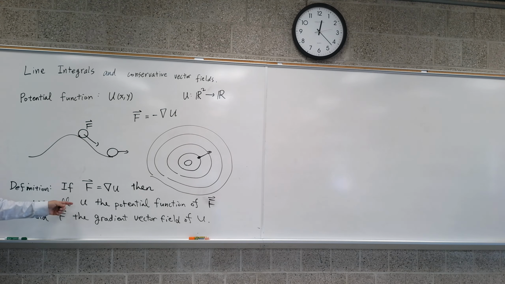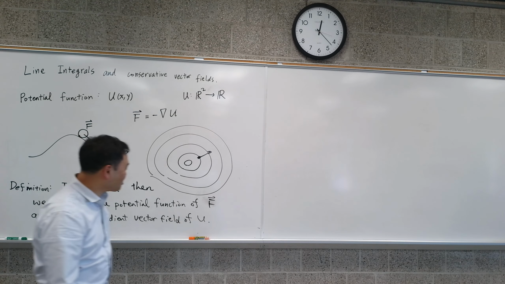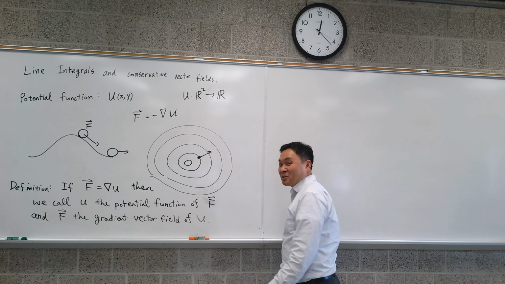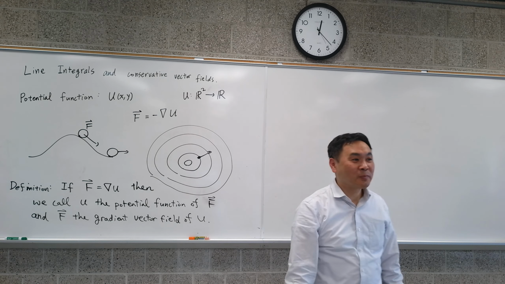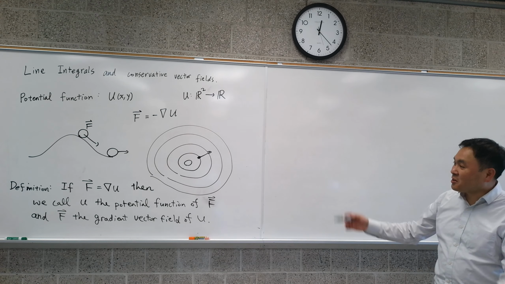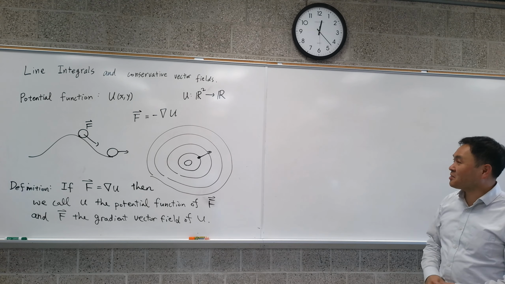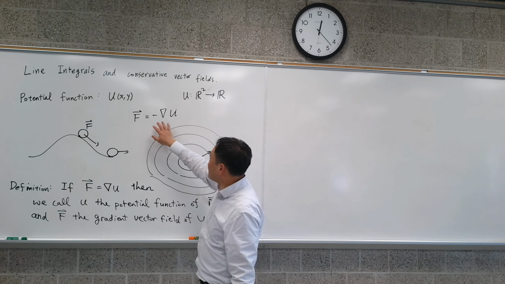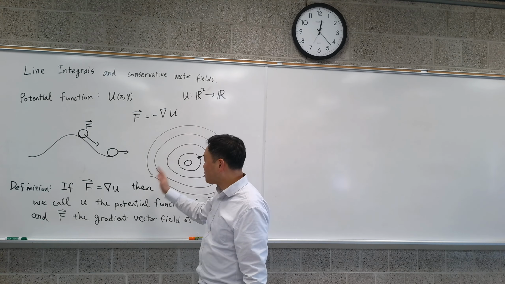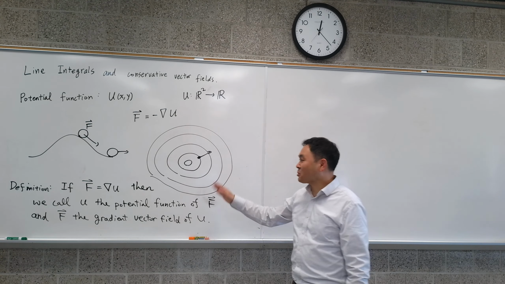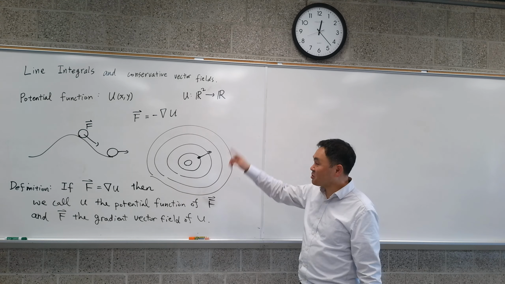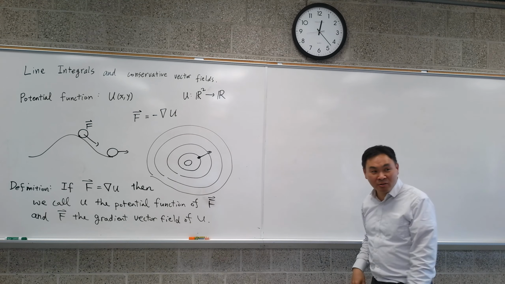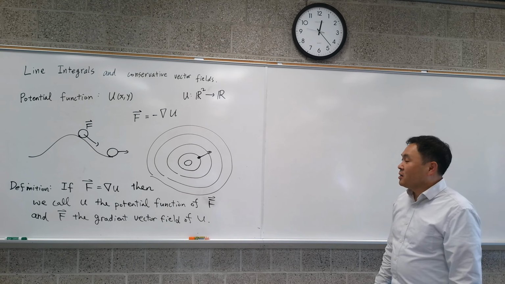If a physicist reads this definition, they would be quite unhappy because for physicists, it has to be the negative gradient. But a lot of the things that require a minus, it's not much of a big difference when you're doing math. So this is okay. Whenever you have to translate some results from here to there, you just have to be aware of that negative sign.